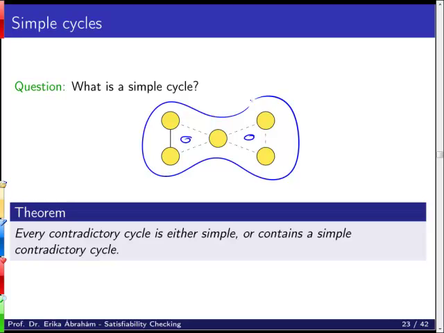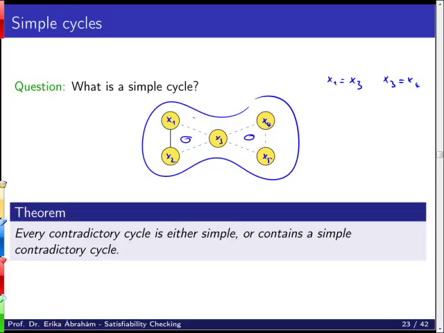What does it correspond to? Let us give them names. This is x1, x2, x3, x4, x5. So I have somewhere in my formula x1 equals x3, x3 equals x4.